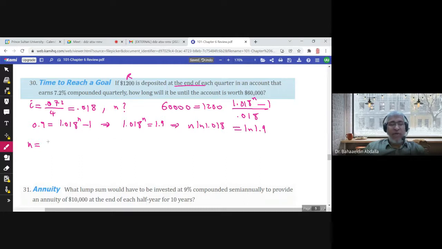And if you use the calculator, the answer is 35.98. So how long will it be? It will be 36 quarters, or we will need 36 quarters.